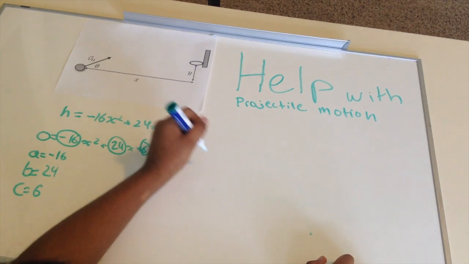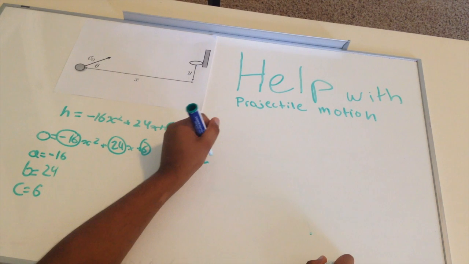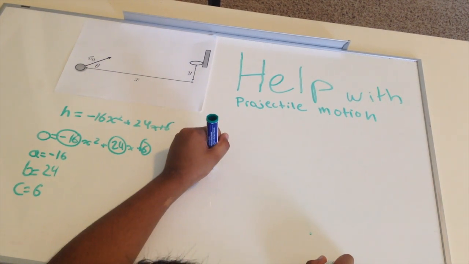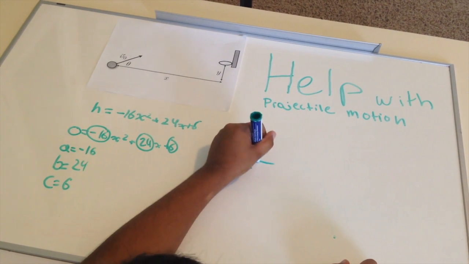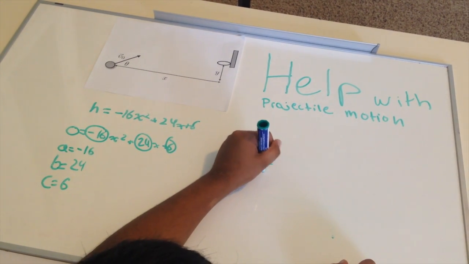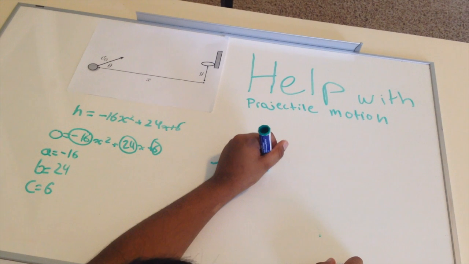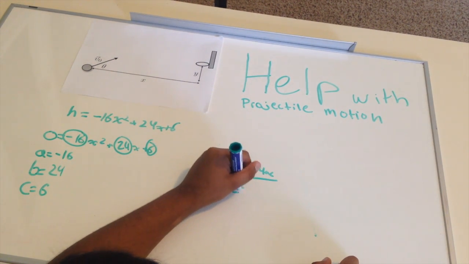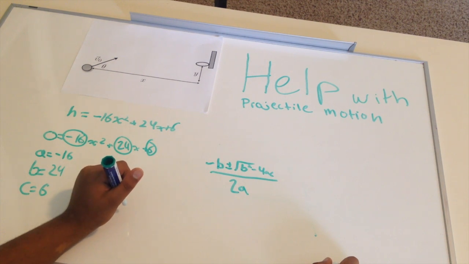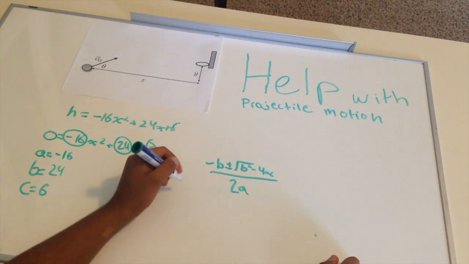Now we're going to plug this into the quadratic formula. It's going to be negative b plus or minus the square root of b squared minus 4ac over 2a.